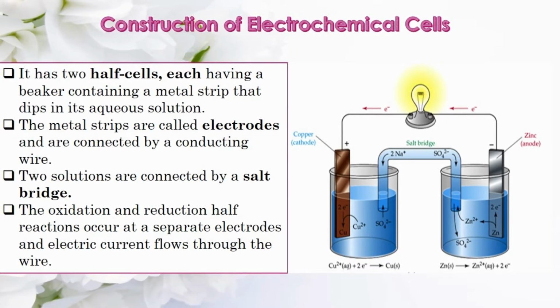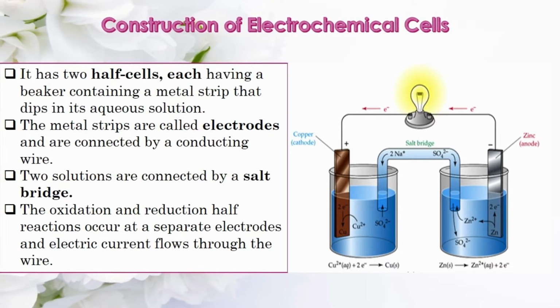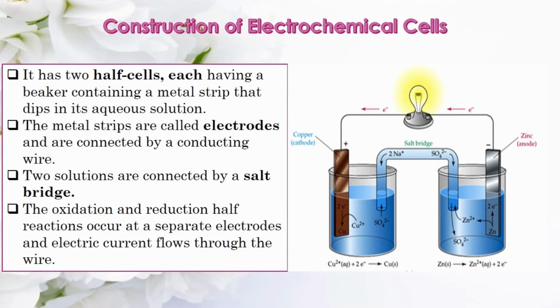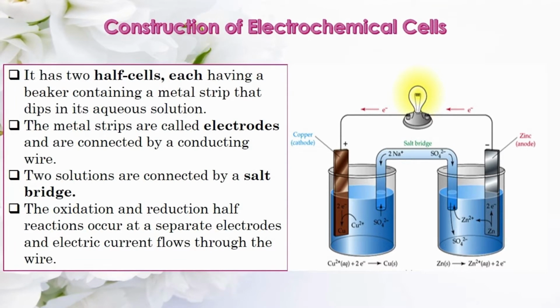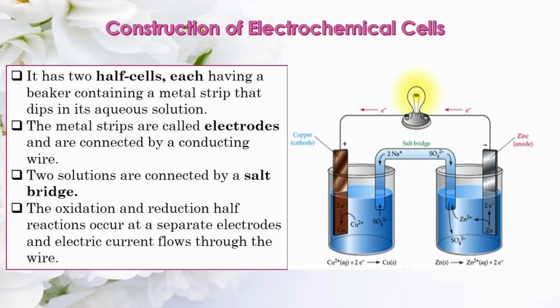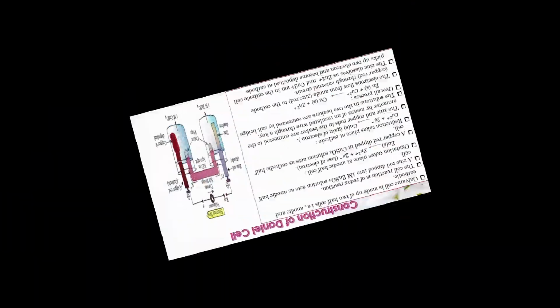In one half cell, an oxidation reaction will take place, and in the other half cell, a reduction reaction will take place. Because of this potential difference, electric current will flow through the wire.